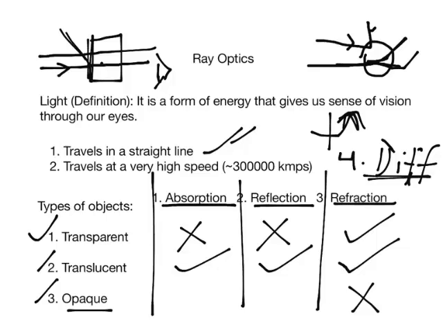So it can either absorb light or reflect light. When you have your eyes on the other side of the object and light is coming from the other side, you are not able to see it because the light is either absorbed or reflected.